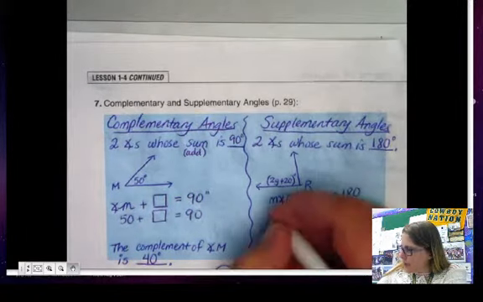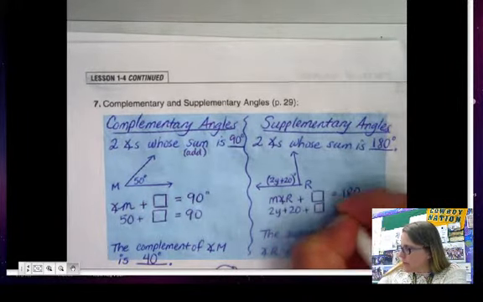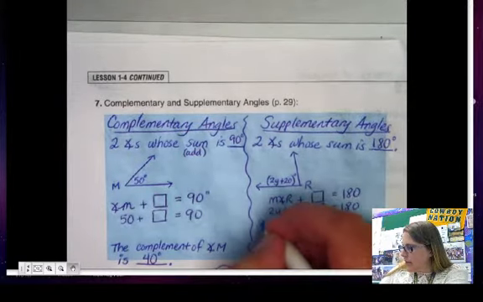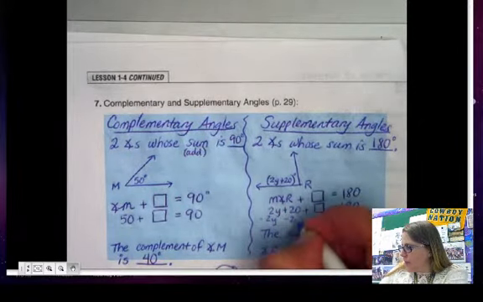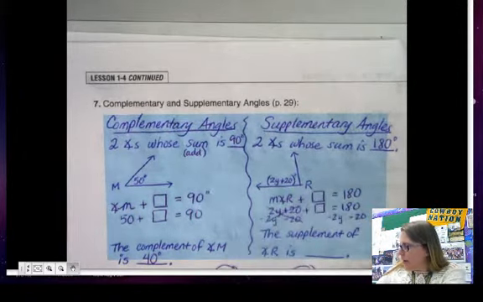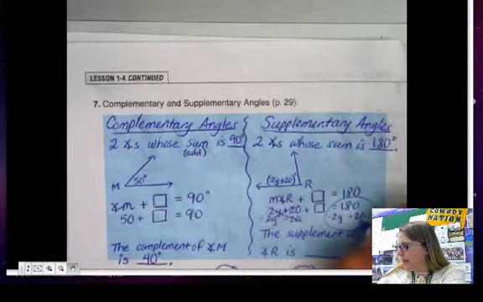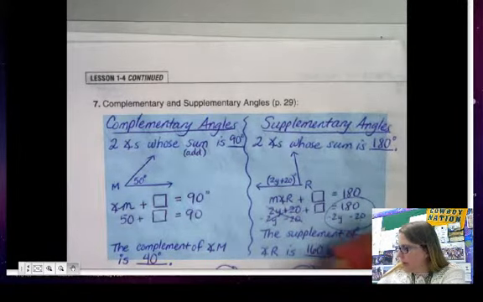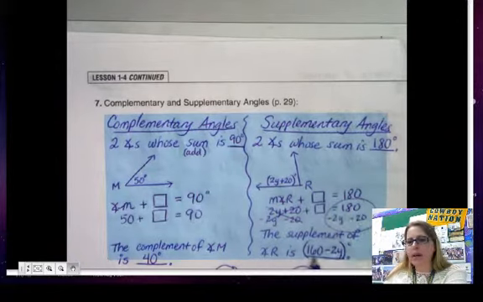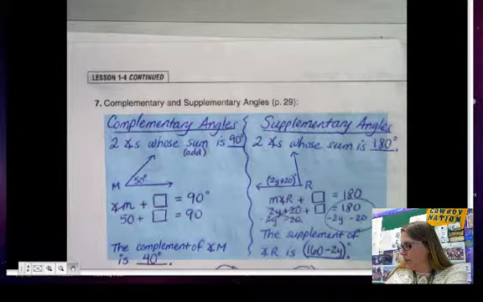If we plug in what angle R is, which is 2y plus 20, plus some angle equals 180, and subtract off the 2y and subtract off the 20, then you need to combine those like terms, and so you get 180 minus 20, which is 160, and this minus 2y just stays minus 2y. We can't really do anything with that. So the supplement of angle R is 160 minus 2y. We're not told what y is, so we have to leave it in this form.